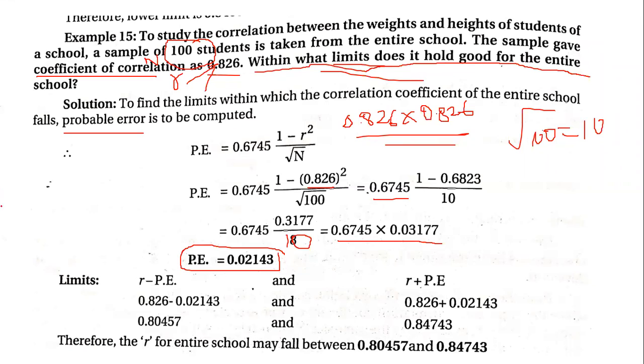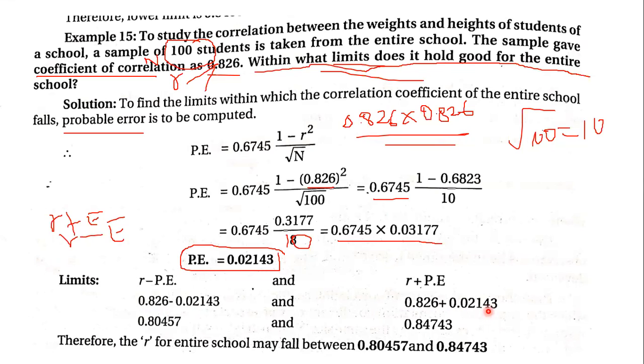So what are the limits that we will consider? R plus E and R minus E. Right? So R is nothing but the correlation coefficient, that is 0.826. So R minus PE, PE is probable error 0.02143, and then R plus PE is 0.826 plus 0.02143.